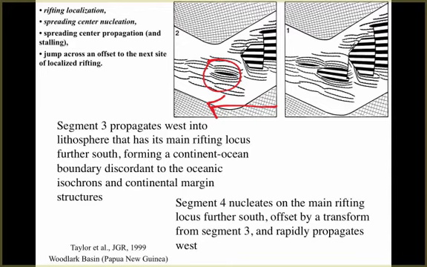And it forms a continent-ocean boundary that's discordant to the oceanic isochrons and continental structures. The fourth segment nucleates on the main rifting locus that's further south, and it's offset by a transform fault from segment 3 and rapidly progresses westward.